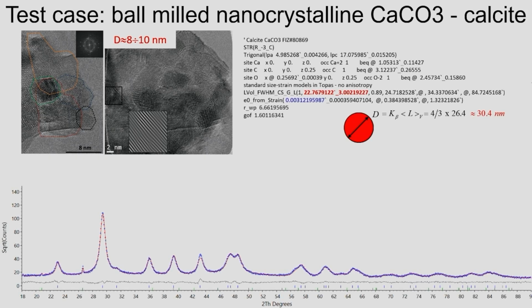First of all, we see the size is, again, not exactly the correct one: 30 nanometers against more or less 10, according to TEM. We also see that it doesn't fit some of the peaks perfectly well, and I can already tell you that this is a matter of strain anisotropy. That's the topic I'm going to talk about just after this.